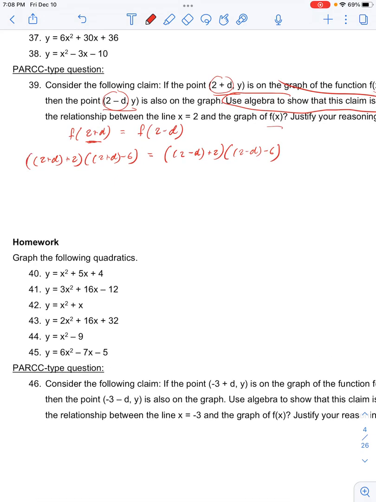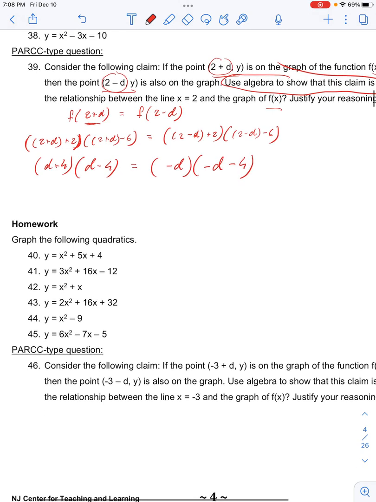So simplifying inside the parentheses, we have (d + 4)(d - 4) is equal to (-d)(-d - 4). My bad. We have a 2 and a plus 2 here, so we have a 4.